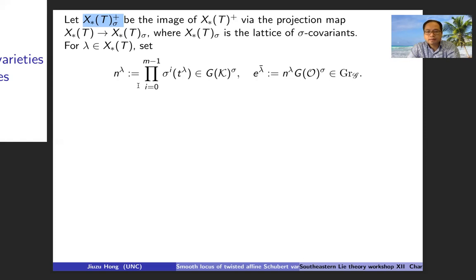And then we take the coset, the left coset in this case, the norm of t to the lambda times G(O) sigma.